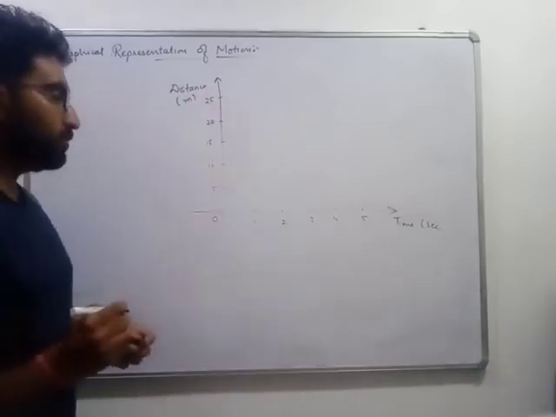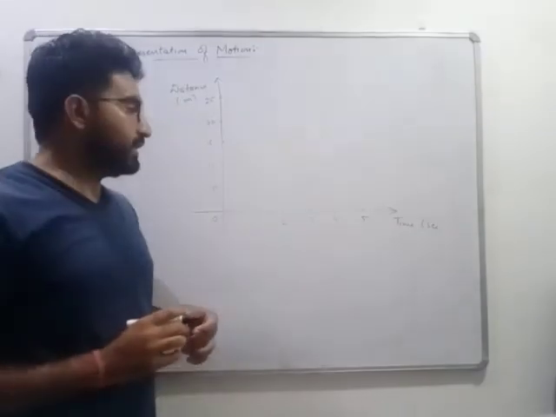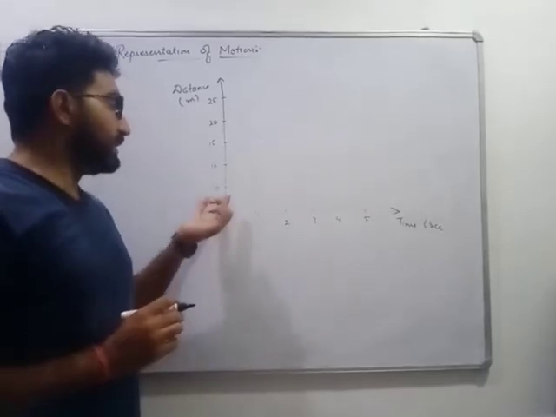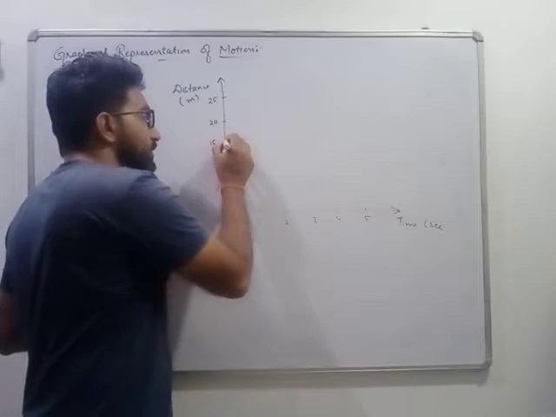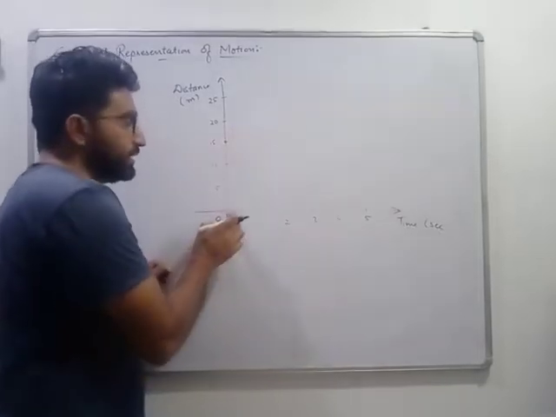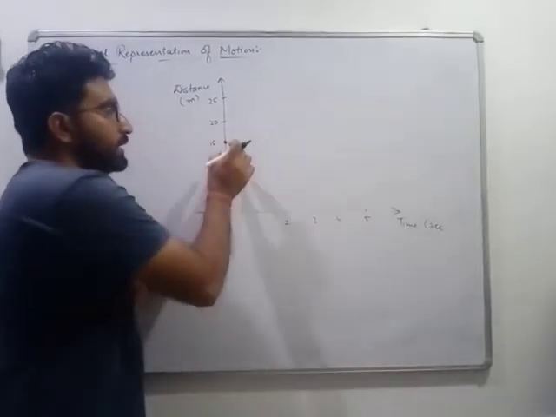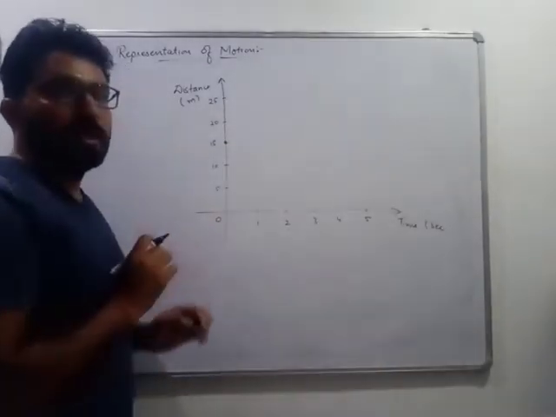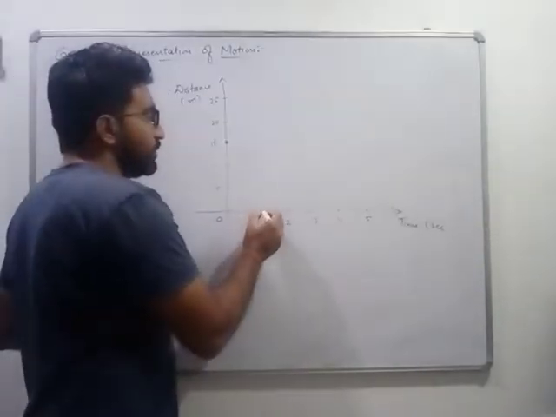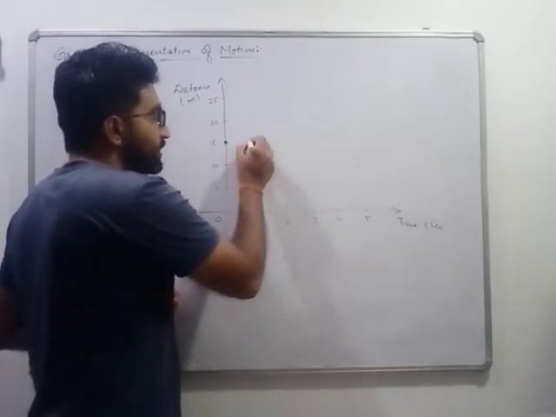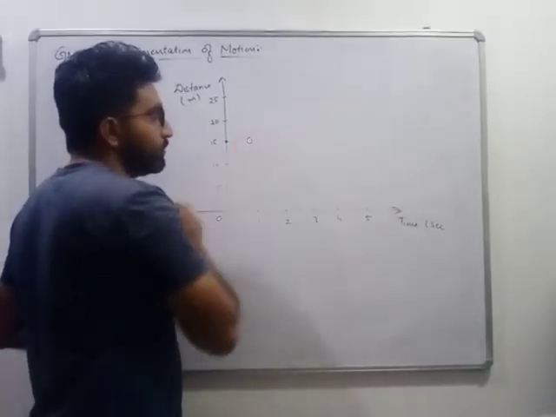Suppose we are observing a body which is initially at a distance of 15 meter from the observer. So our body is initially, at time t equals 0, at a distance of 15 meter, and after 1 second when we again observe the same body, it has the same distance from the point of observation.